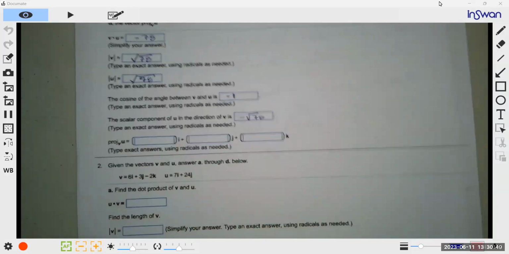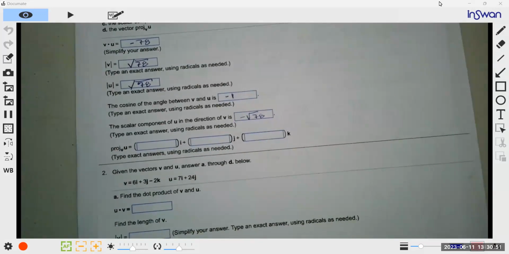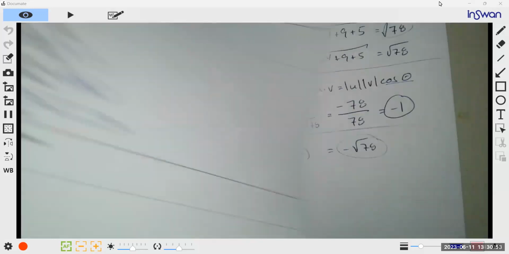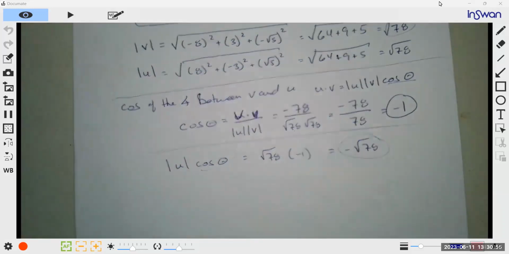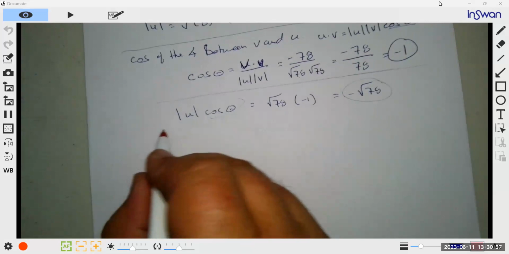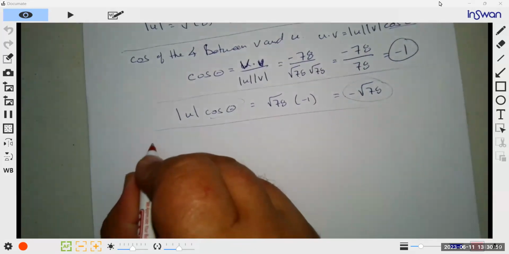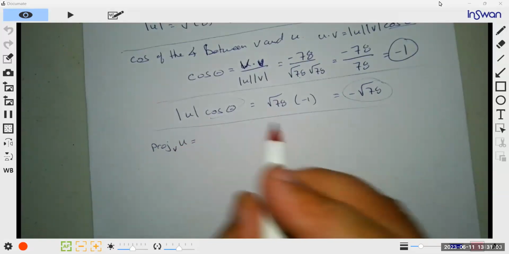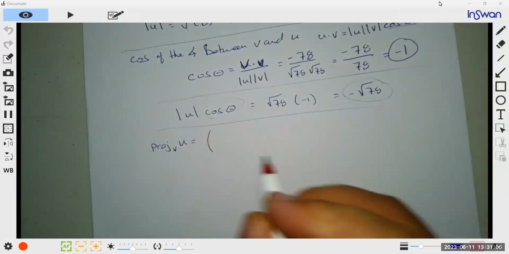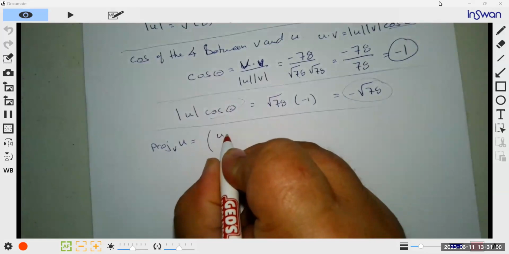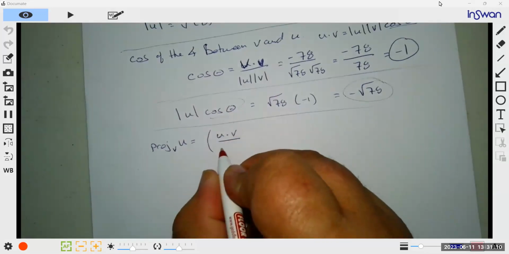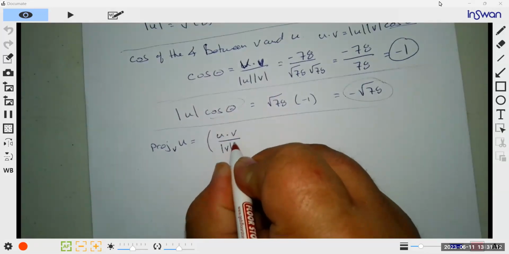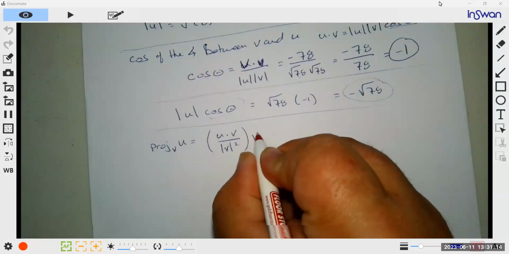Now we have to find the projection of u onto v. The formula is that.